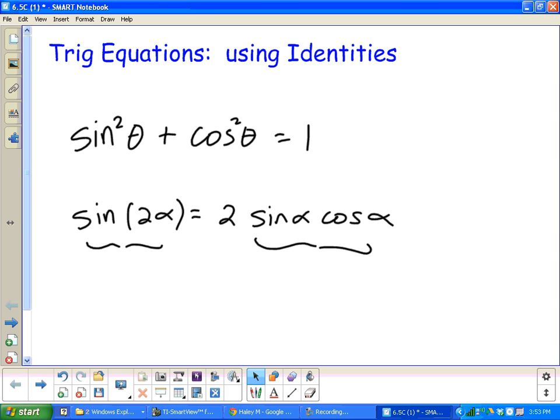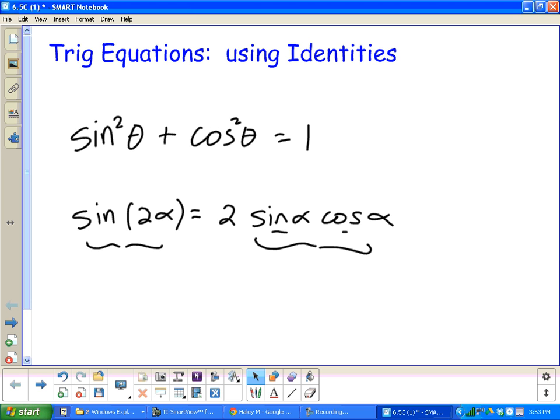Mainly, the one that got me was this idea: if you see something like sine x times cosine x, all we have to do is figure out how to multiply that by 2, and then we can use the double angle identity to get sine of 2x. Again, you're probably not seeing exactly where this may be headed just yet.